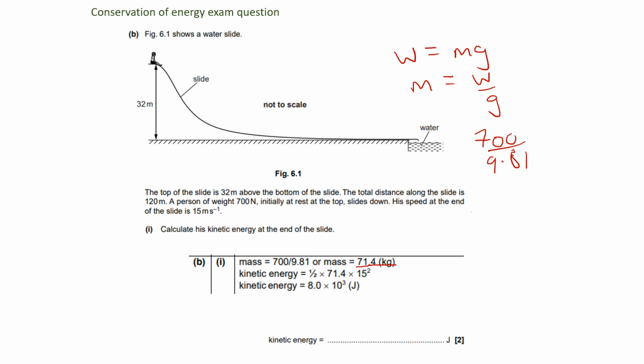We then put that value into the equation for kinetic energy, which is half mv squared, and so it's a half times 71.4 times 15 squared. That's the velocity value that we're given here at the bottom of the slide, and that gives us 8.0 times 10 to the power of 3 joules.